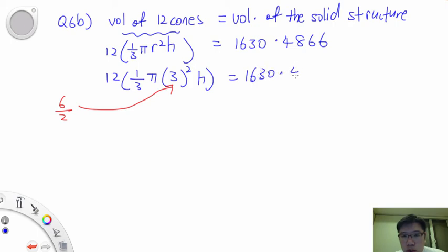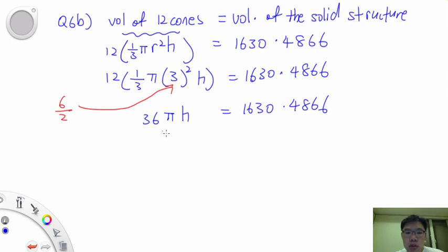So this whole equation only has one unknown, h, so you can now solve the question. Simplify the left hand side, and then you can therefore find h.